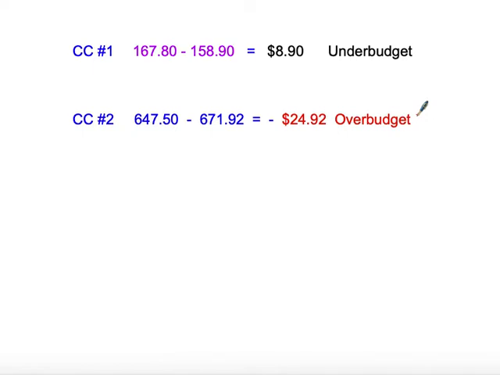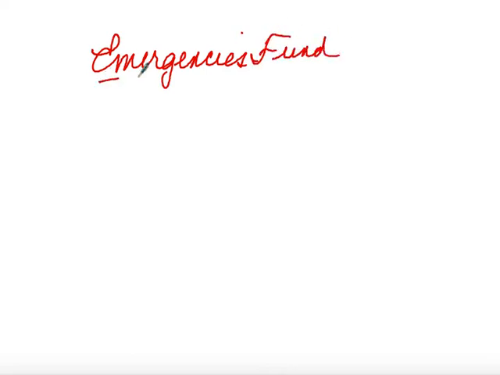Now, when we talk about those emergency funds, the emergency funds are good for you if you have set money away for certain situations, that maybe your car broke down and you had a flat tire and you had to get new tires unexpectedly.